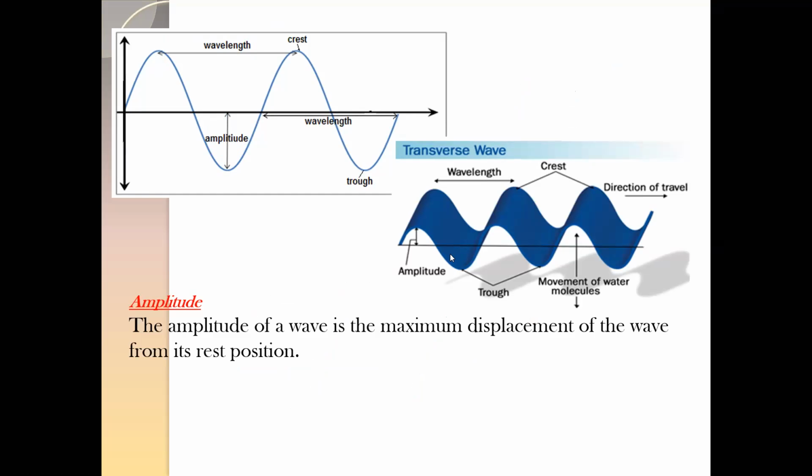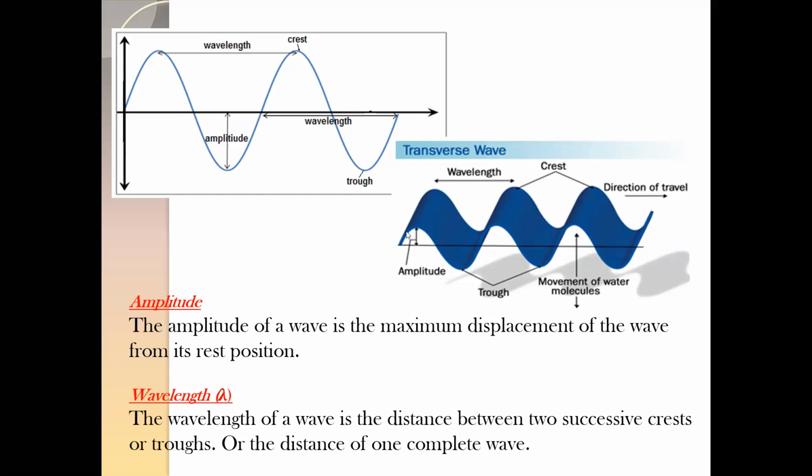The amplitude of a wave is its maximum displacement. For example, water waves are a transverse wave. The highest point is called a crest, the lowest points are troughs. The distance from the center to the maximum position is amplitude, and this is the direction in which the water is transferring energy.